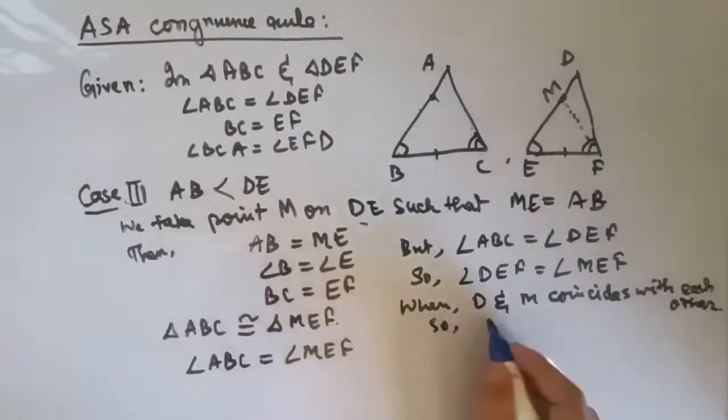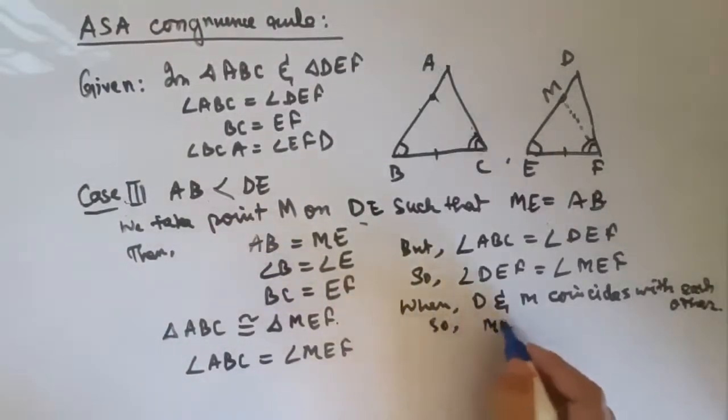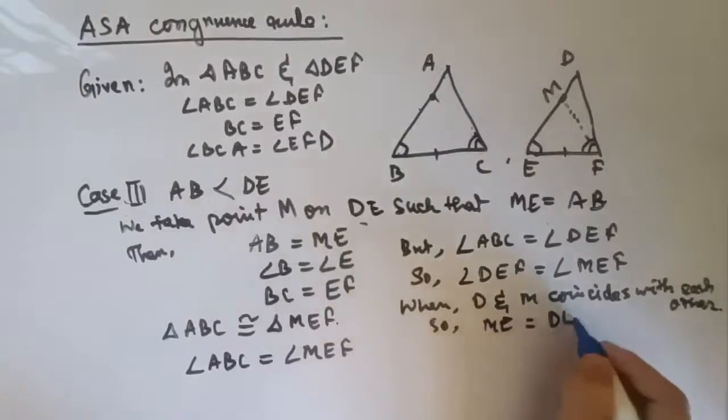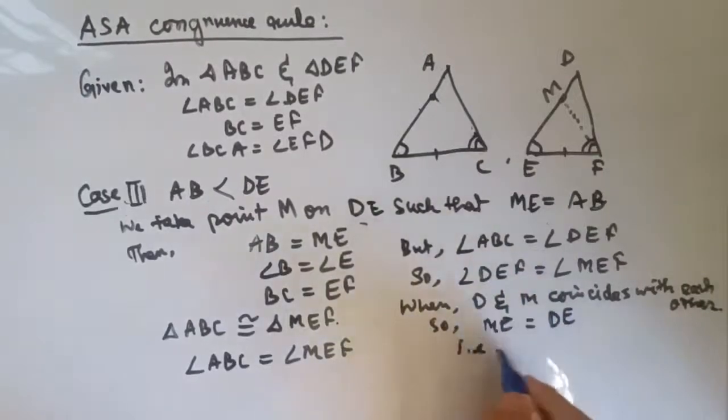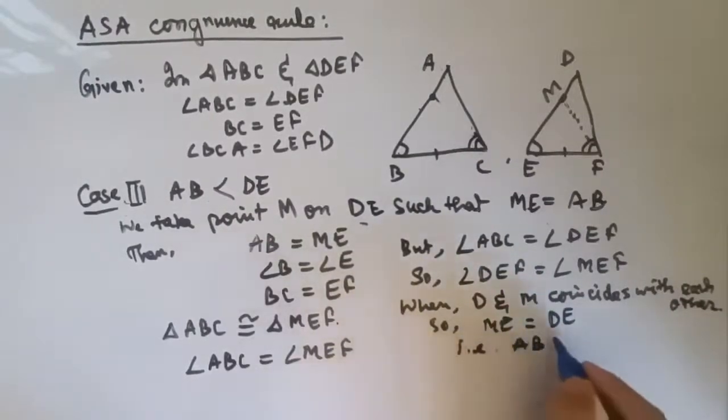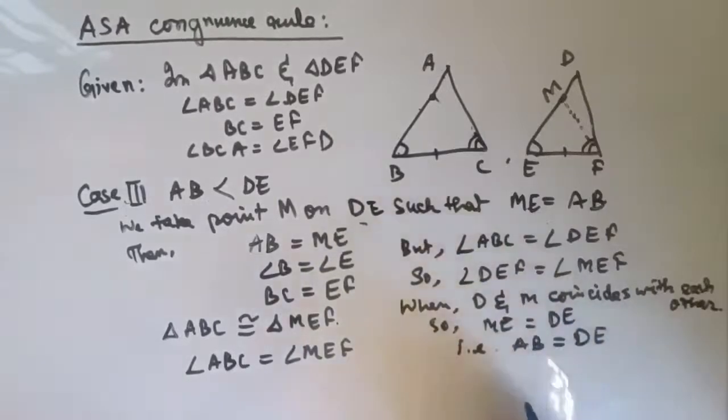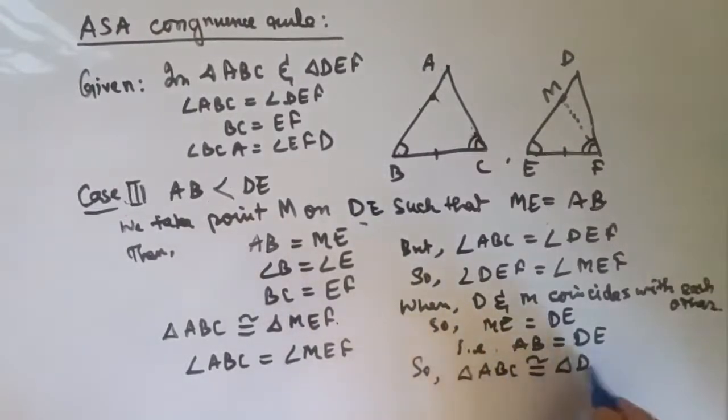So ME is equal to DE. That is, AB is equal to DE. So by SAS Congruence Rule, triangle ABC is congruent to triangle DEF.